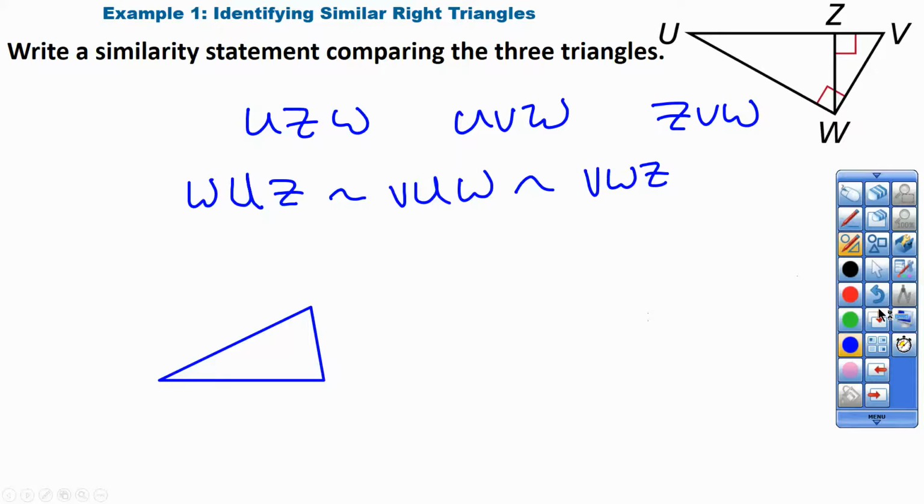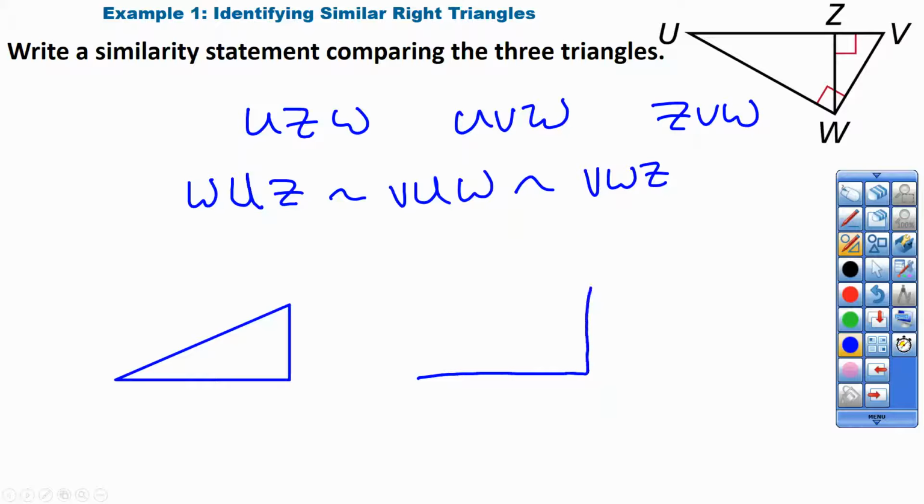And then do a right triangle. Long side, short side, hypotenuse. And then we label those.